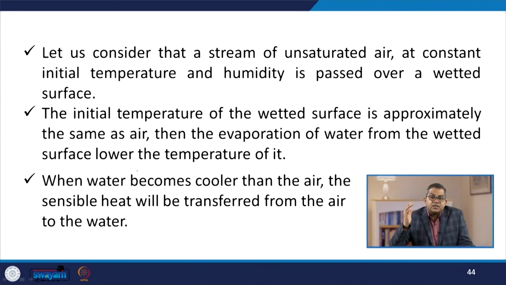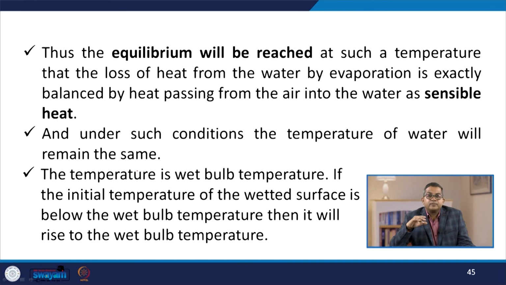Now, if we consider a stream of unsaturated air at constant initial temperature and humidity passed over a wetted surface, the initial temperature of the wetted surface is approximately the same as air. Then evaporation of water from the wetted surface lowers the temperature. Now, when water becomes cooler than air, sensible heat will be transferred from air to water.